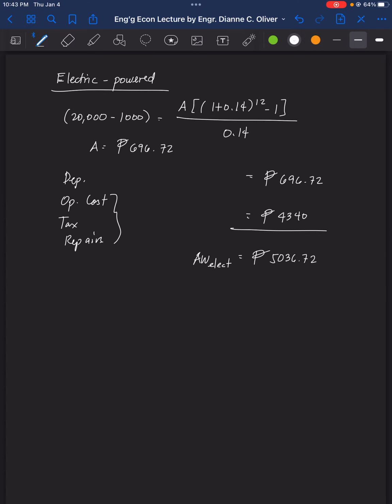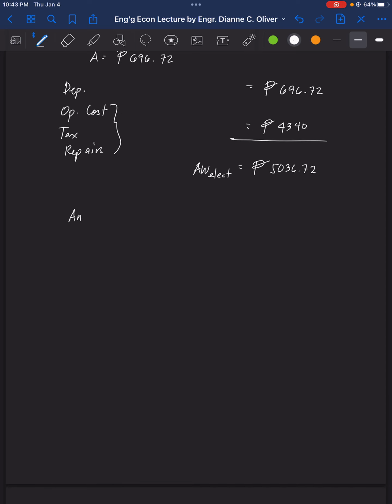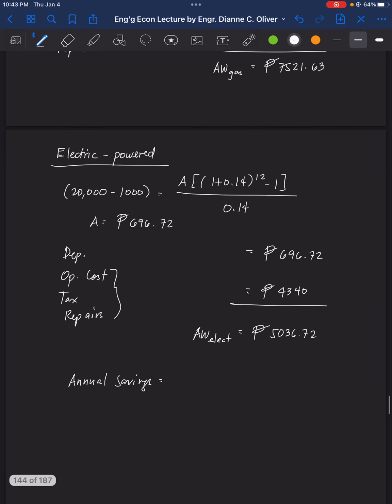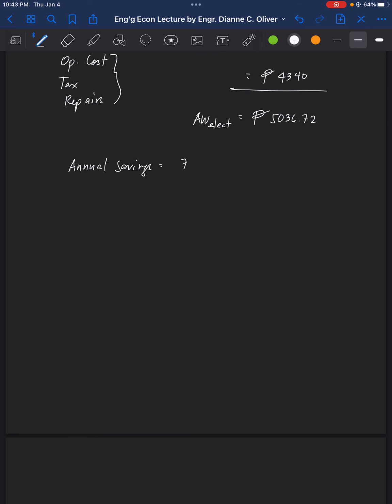So the additional savings or the annual savings is equal to 7,521.63 minus 5,036.72, all over the first cost 20,000 minus 15,000, times 100.